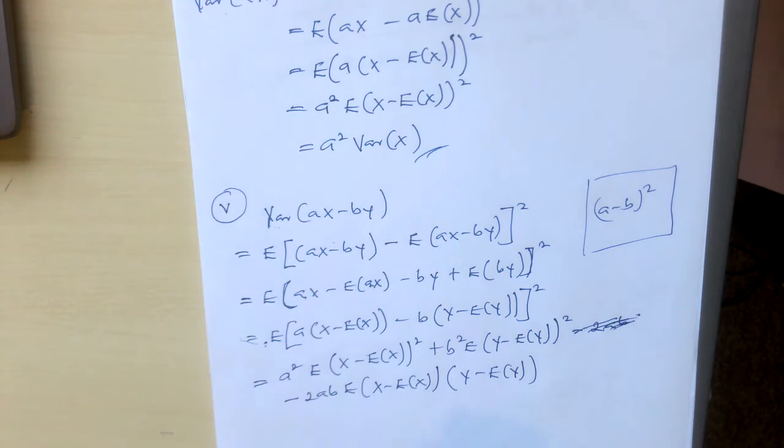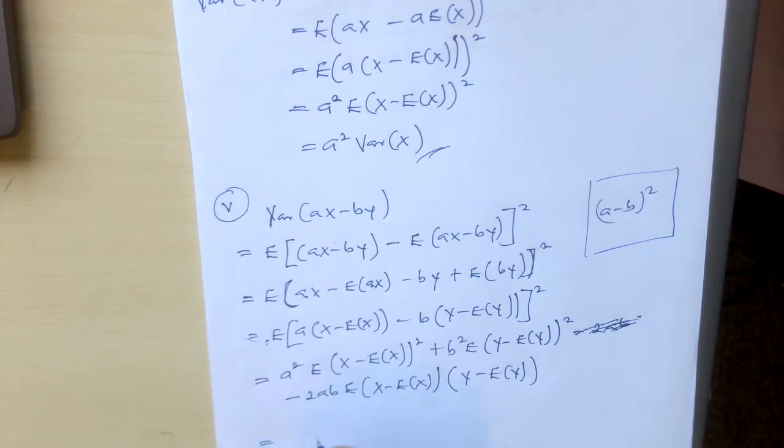And this is exactly what we are asked to prove, because this is the covariance of x and y, this is the variance of x, and this is the variance of y.